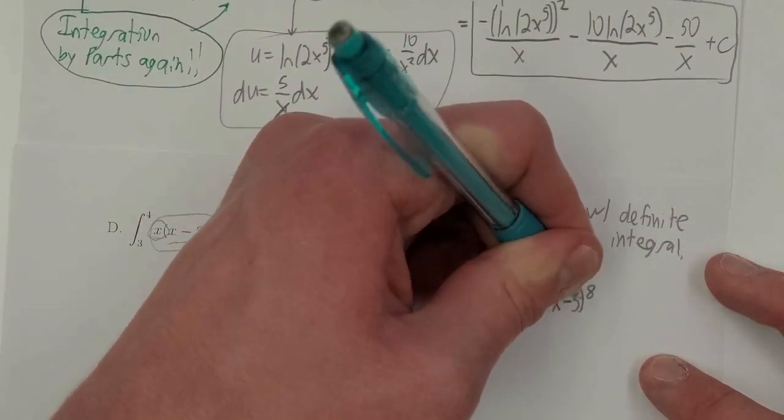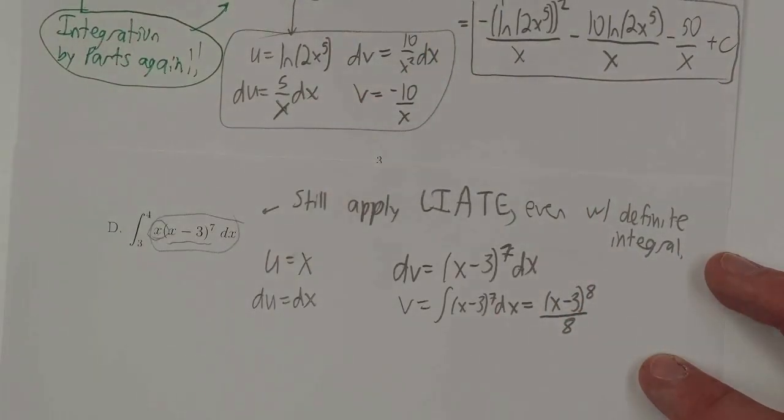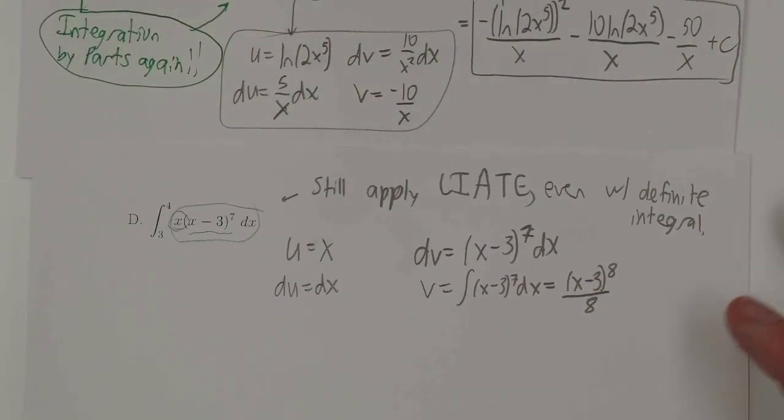It's x minus 3 to the 8th all over 8. Okay? So that's that.